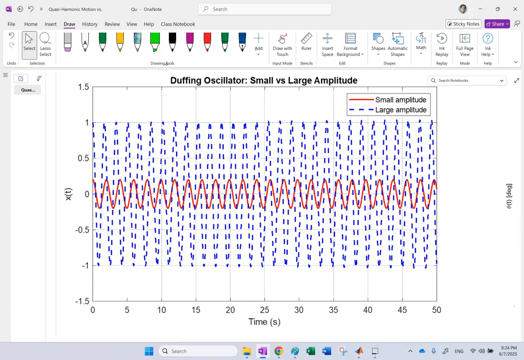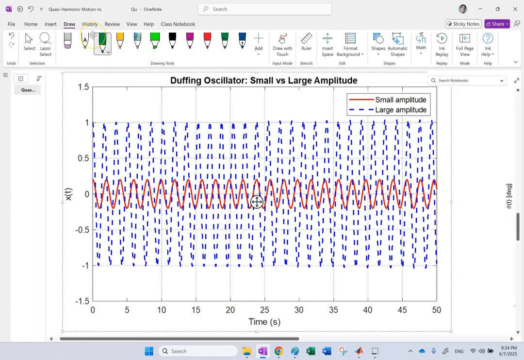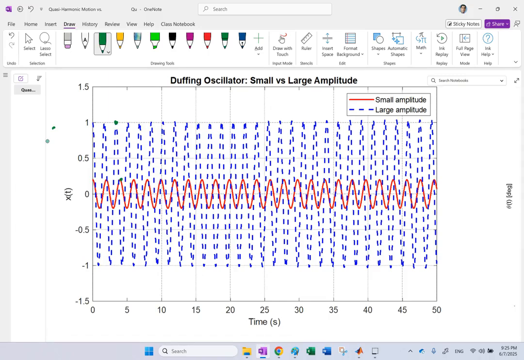If I zoom in, you can clearly see that over time. For instance, let me show you. This is about 2 periods of that oscillation here, right there, for the red one. Or if you go, for instance, 1, 2, 3, 4, 5 cycles, then you can see it is basically here.